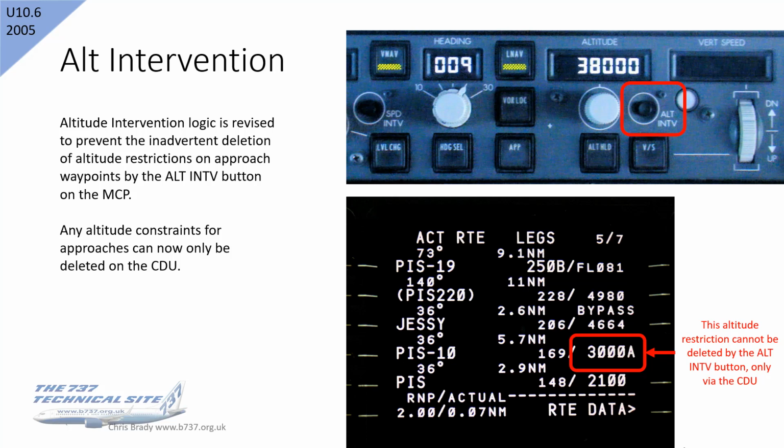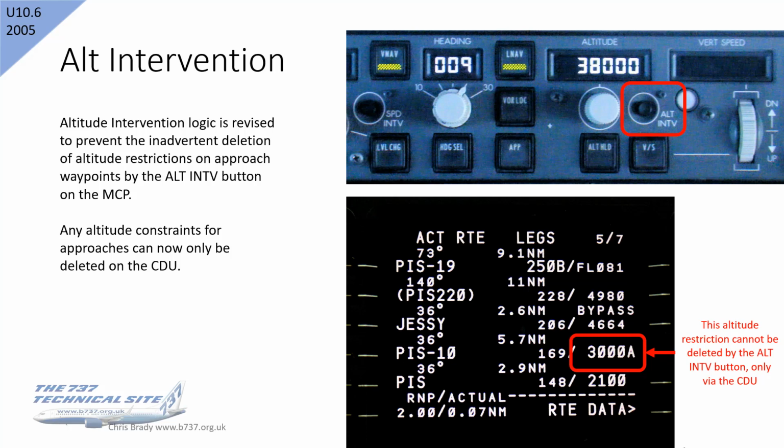Altitude intervene, for those of you who've got it. The logic was revised to prevent the inadvertent deletion of altitude restrictions on the approach by pressing the Alt Intervene button. This was done for RNAV operations, basically, and it was to save us, really, for those of us with fat fingers.